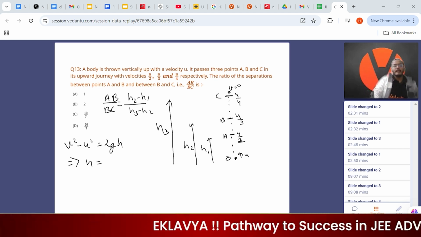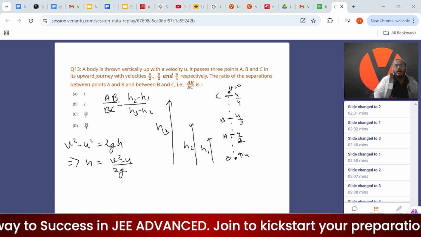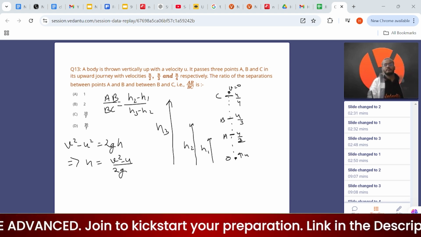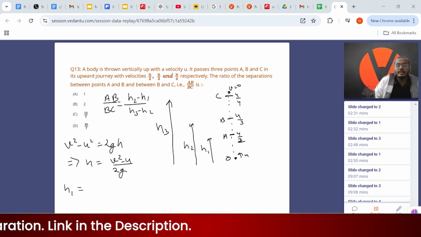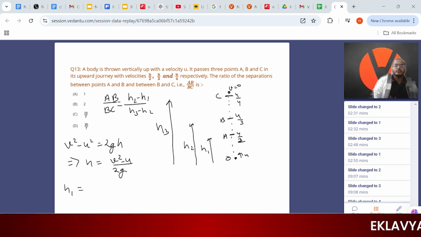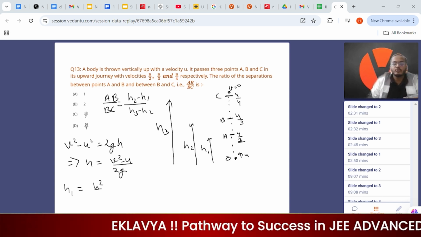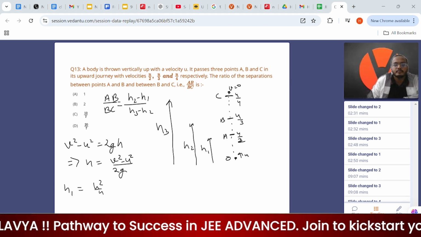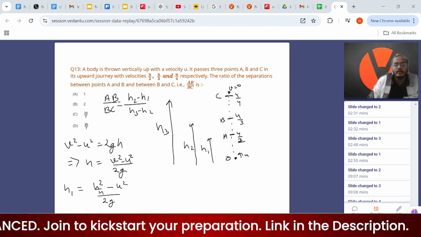So from here I can calculate that height is equal to V square minus U square upon 2G. So H1 will be equal to U square by 4, V square final, minus U square divided by 2G.